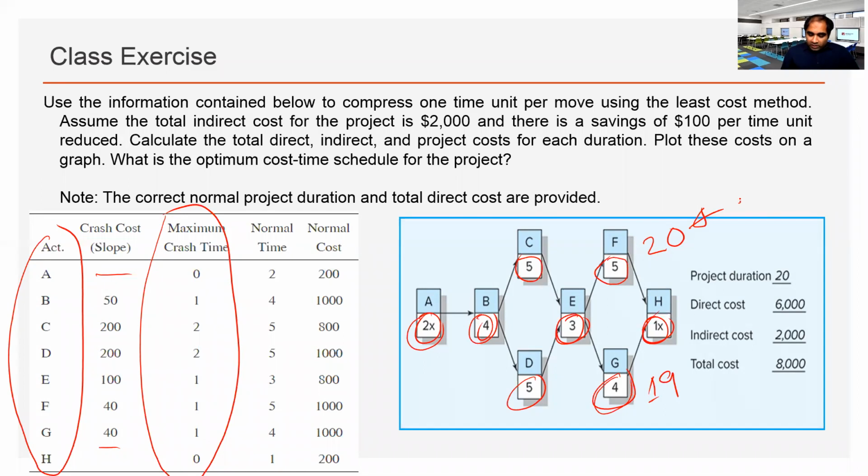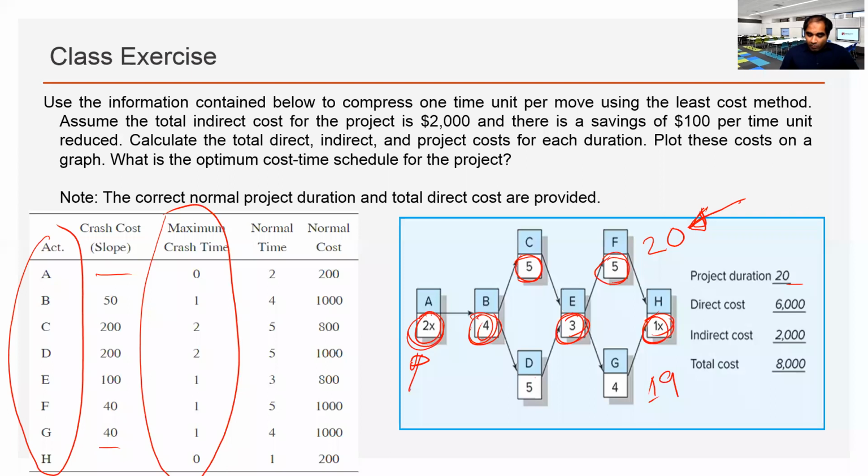So let's focus on the critical path, starting from A, B, C, E, F, H. This one is the longest duration. Okay. We cannot crash A. It cannot be crashed. B is an option with 50. We have C, 200. Then E, 100.